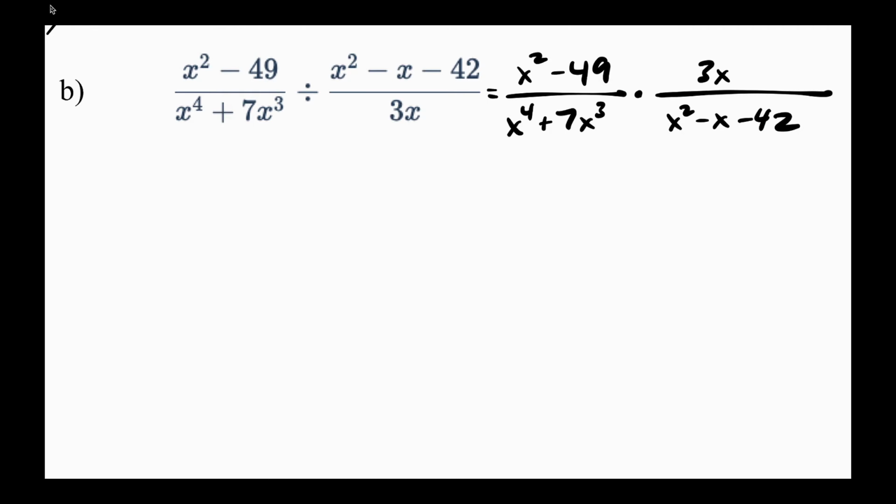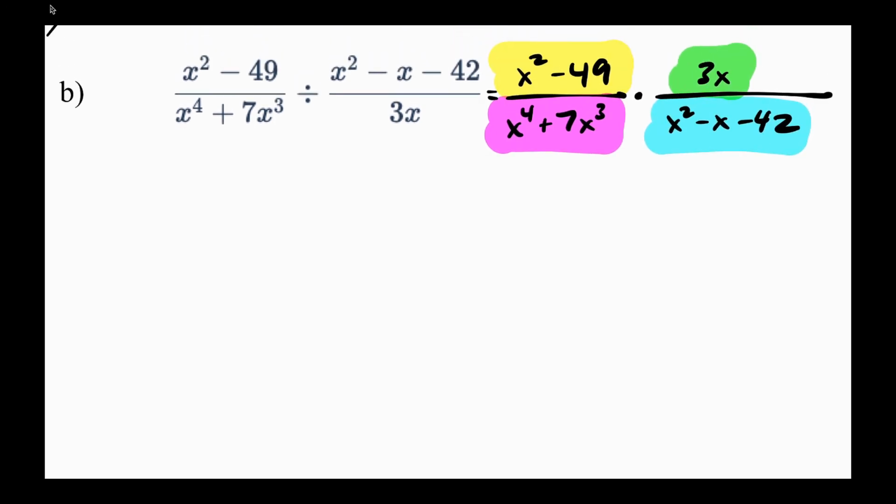Okay, so let me color code mine. Okay, 4 parts. Start with the yellow. The yellow, binomial.